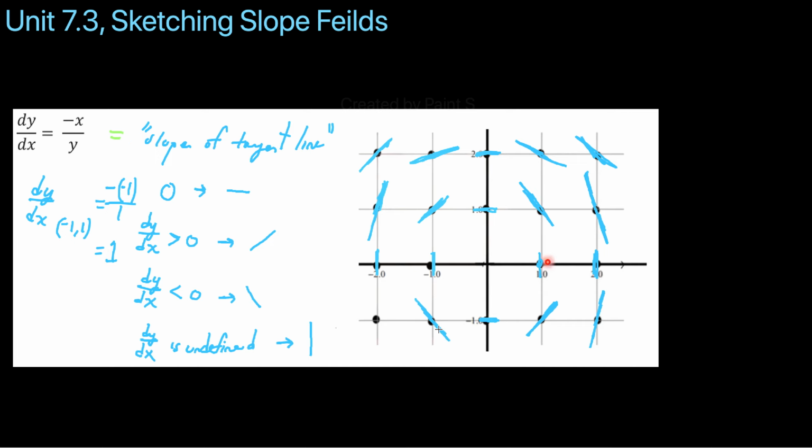Be careful: negative 2 over negative 1 here is -2, so it looks like this. And then this is your slope field, more or less. This is the introduction, the basic idea for sketching these. It's not so hard: just plug in the values for each point and then draw a little tick of that slope on each point they give you.